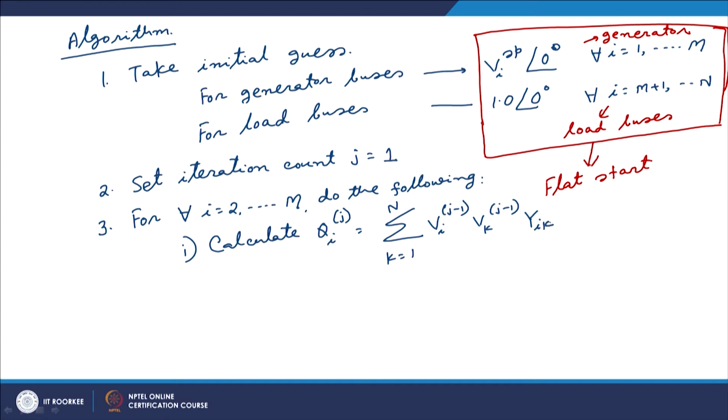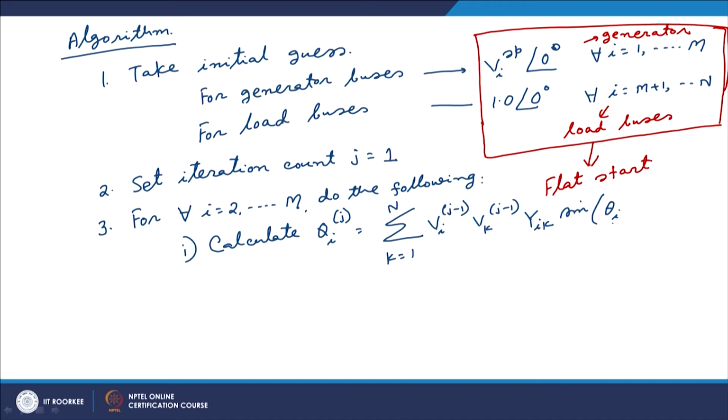Yik is the magnitude of the ikth element of the Y bus matrix. So, it is constant and has nothing to do with the iteration count. Then sine, please remember we are now using the normal power flow equation, sine of theta i. Now, what value of theta i do I have? I have not as yet calculated theta i.